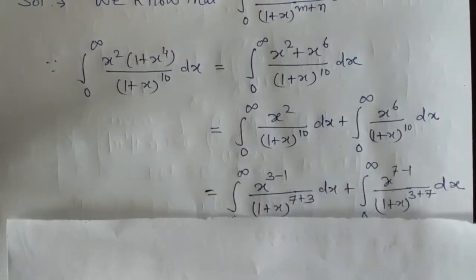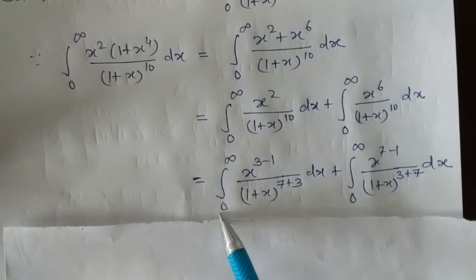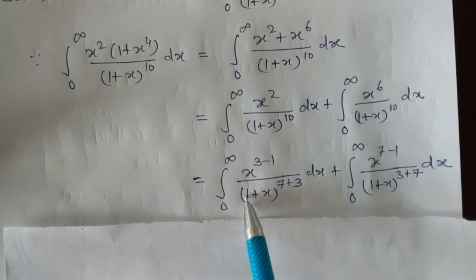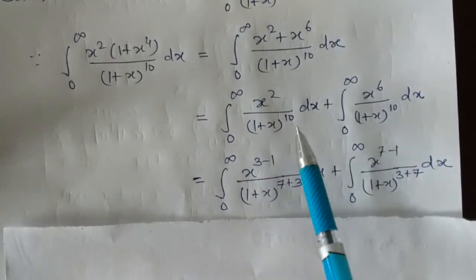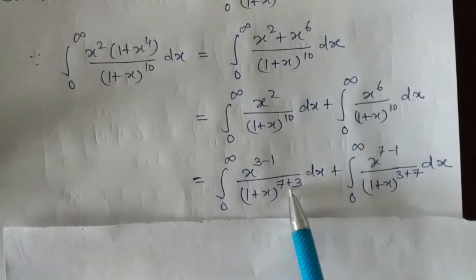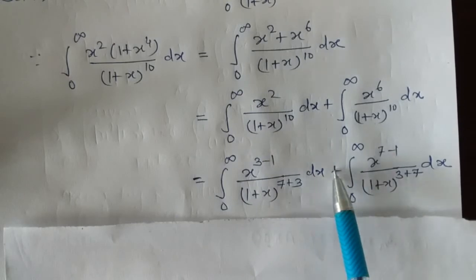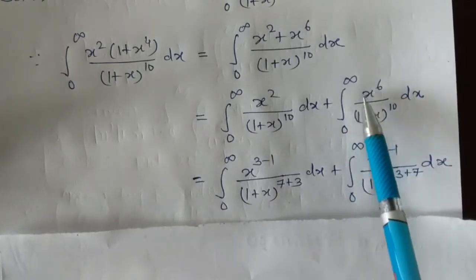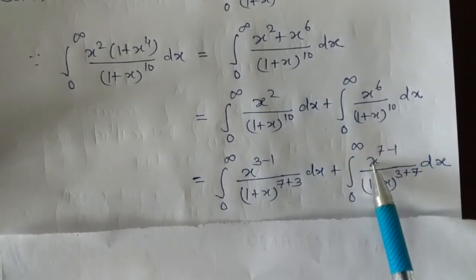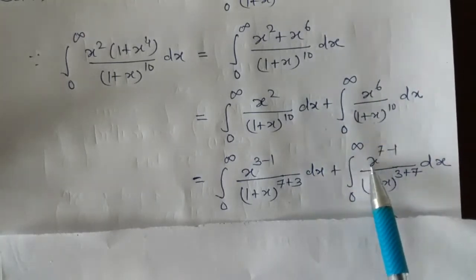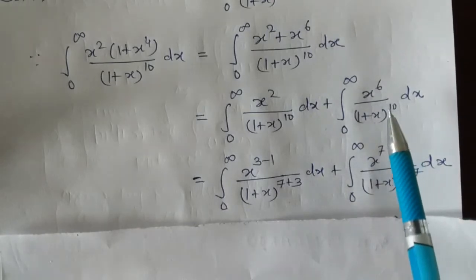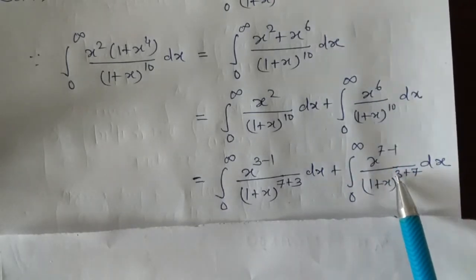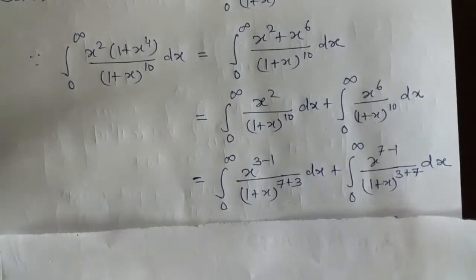Further we have the integral from 0 to infinity of x to the power 3 minus 1 upon (1 plus x) whole power, where we write 10 as 7 plus 3, dx, plus the integral from 0 to infinity of x to the power 7 minus 1 upon (1 plus x) whole power 10, where we write 10 as 3 plus 7, dx.